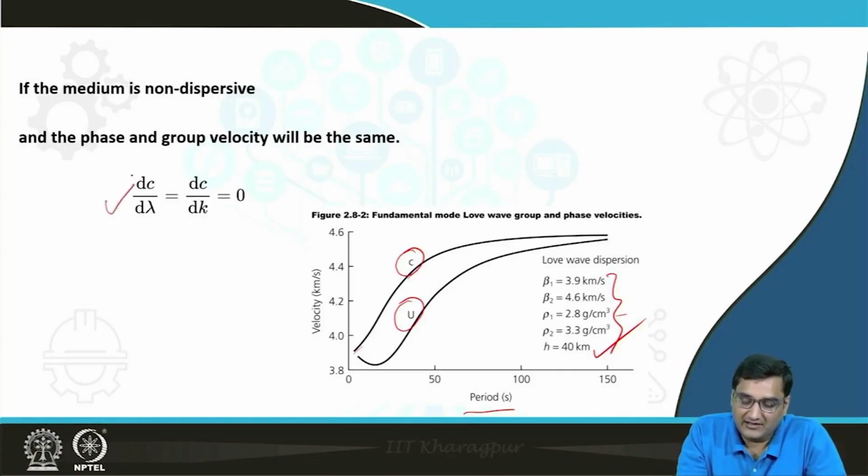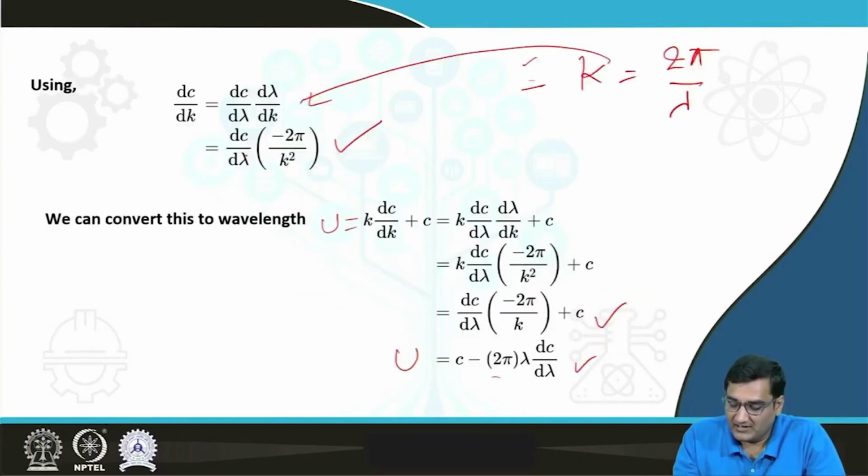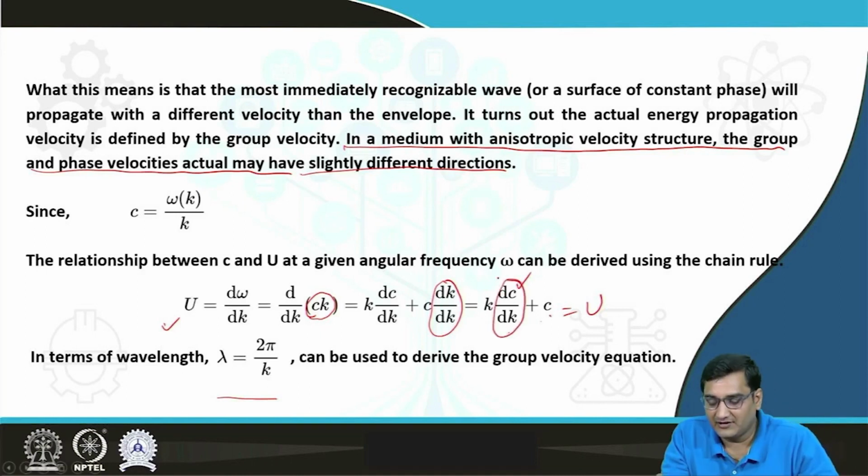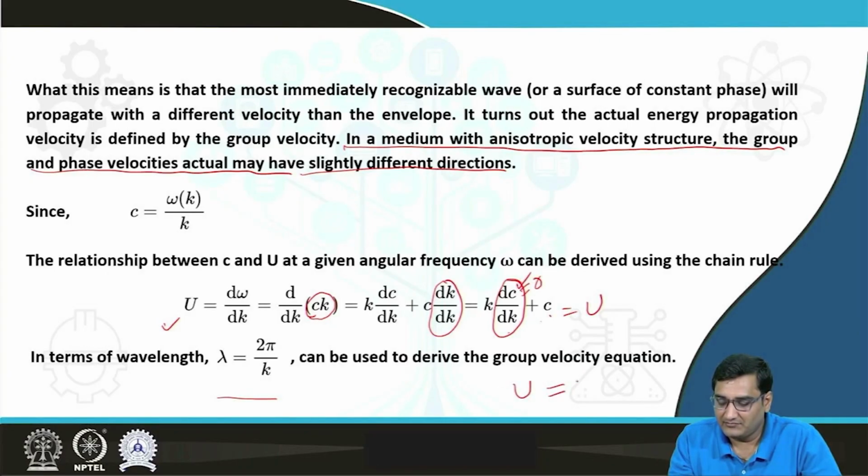So suppose the medium is non-dispersive, then in that case what will happen? The dc by d lambda will become equal to dc by dk. In the relation u is equal to k dc by dk plus c, because the medium is non-dispersive, velocity will not depend upon the wavelength or the wave number, and this particular term will become 0. So in that case u will become c.